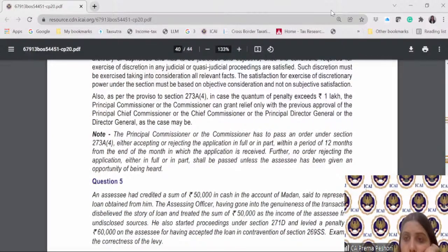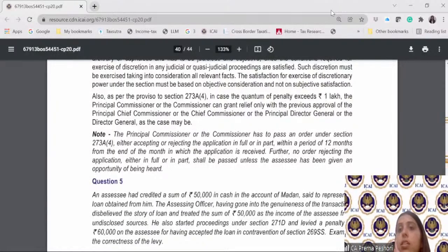Namita, did you understand the earlier question? Namita, 270AA says that the order of the AO is final. An appeal is not available against that order of AO. Which order of AO? The order of AO rejecting the immunity or granting the immunity.